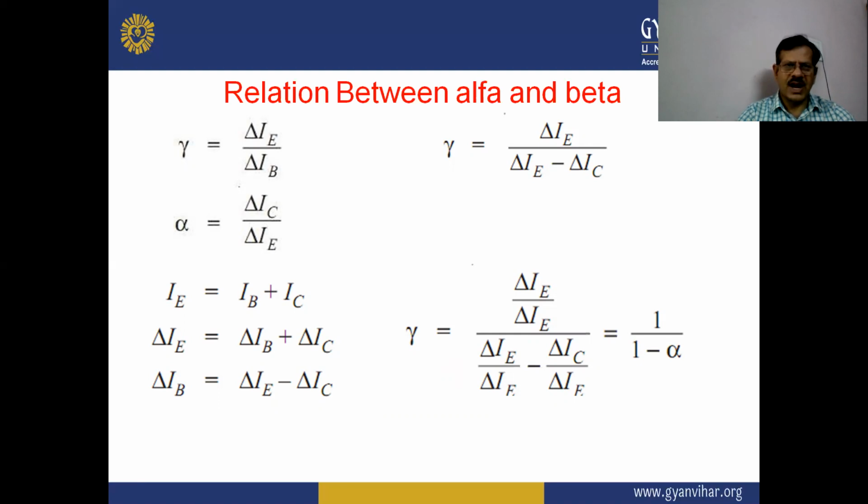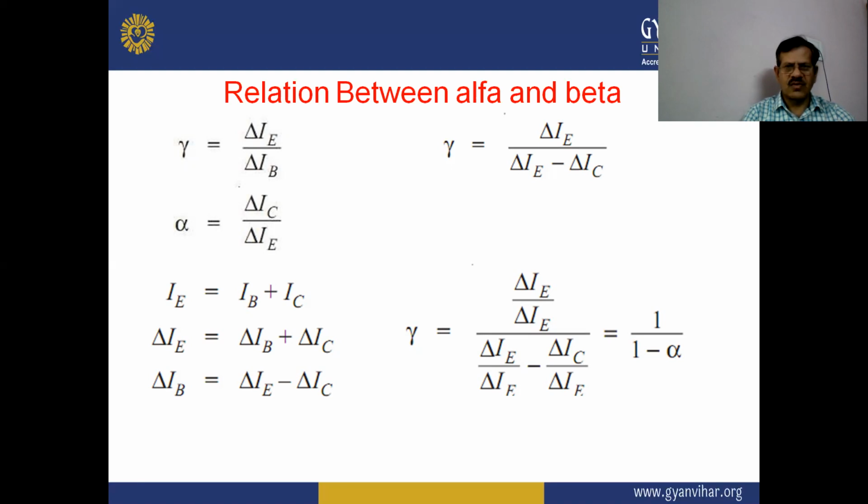So we can write gamma equals del IE upon del IE minus del IC. And also we know that IE equals IB plus IC, or we can write this equation in the form of del IE equals del IB plus del IC, and we find del IB from this equation equal to del IE minus del IC.